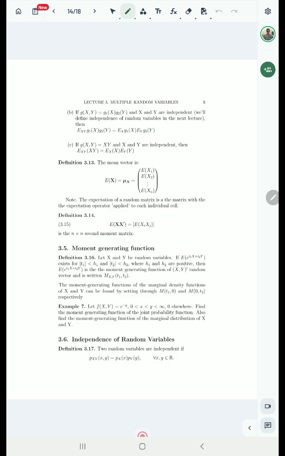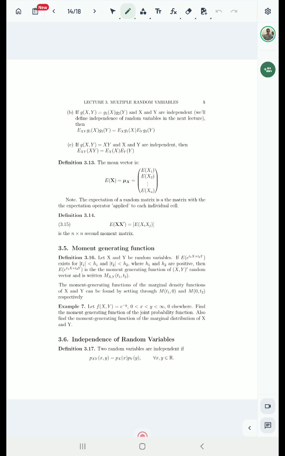Now in b part we have a function which can be shown as the product of two random variables, right?